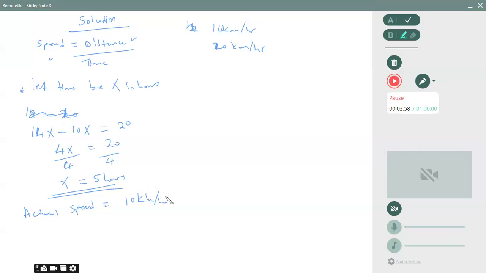After understanding the speed, we also need to know what distance it was supposed to be. Remember, distance is equal to speed times time. If we have the speed already as 10 kilometers per hour, what was our time? Our time is 5. So that gives us 50 kilometers.